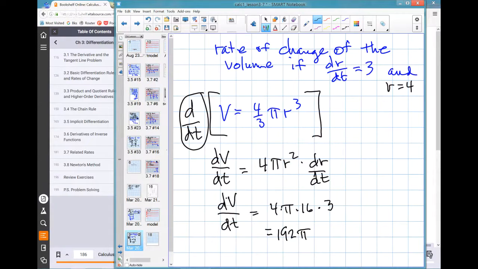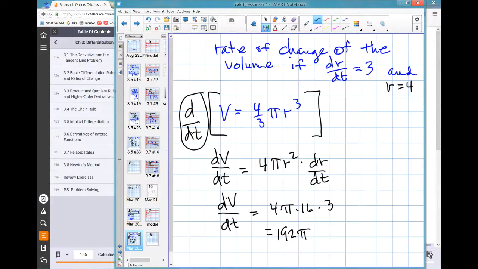But because r is not t, we need to still do the chain rule and times dr/dt. The final step is use the given information at the top, substitute in, and find what you're supposed to find. We were supposed to find the rate of change of the volume, dV/dt.